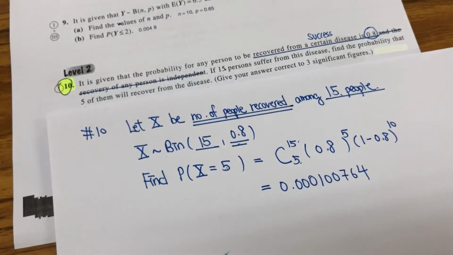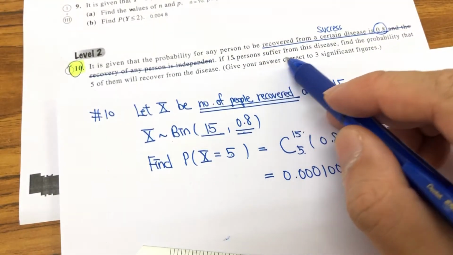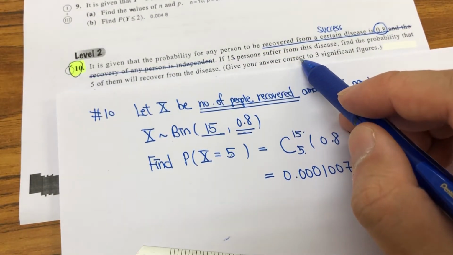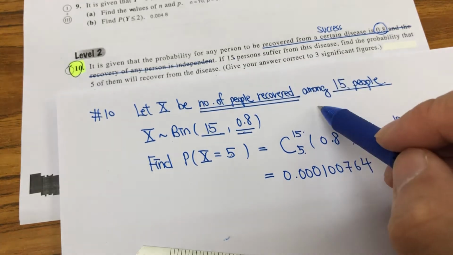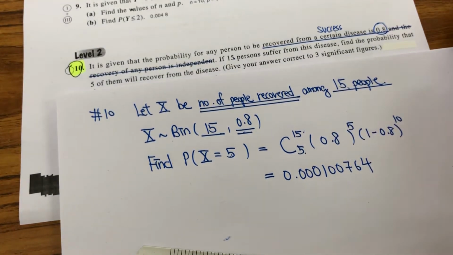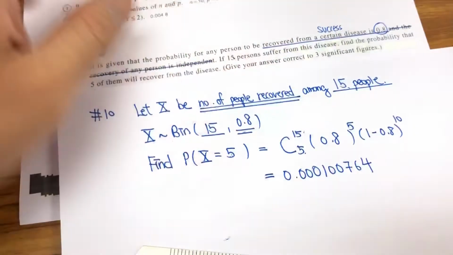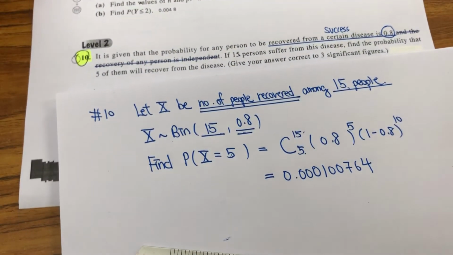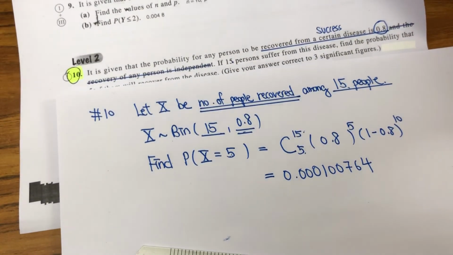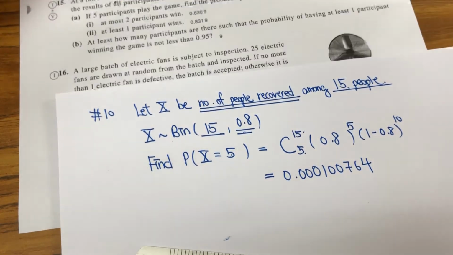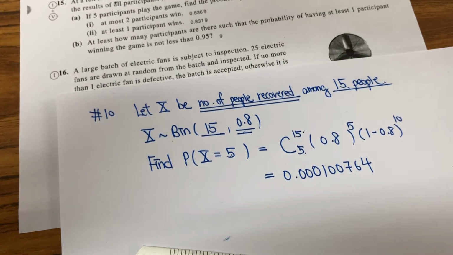Okay? And you have to give your answer to 3 significant figures. Oh, how come so small? Let me check. What is the answer? 101.